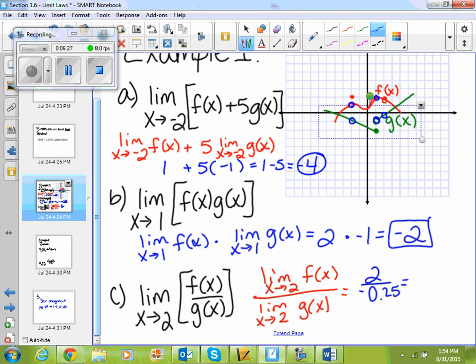I'm in between 0 and 1. So if I evaluate that, 2 divided by negative 0.25 gives me negative 8. Does that make sense? Yes? Okay.